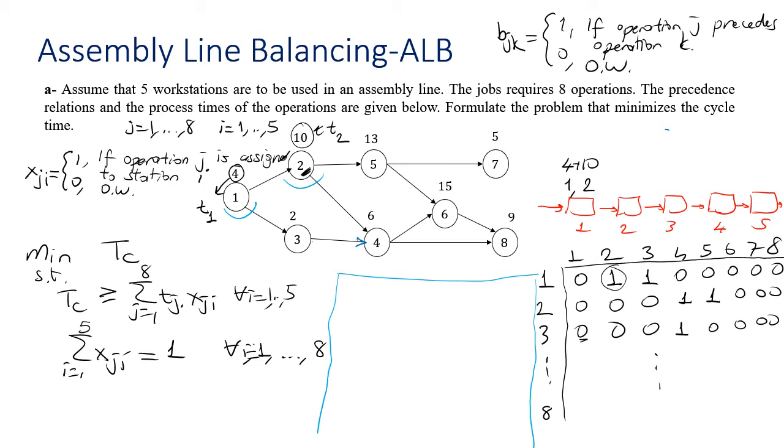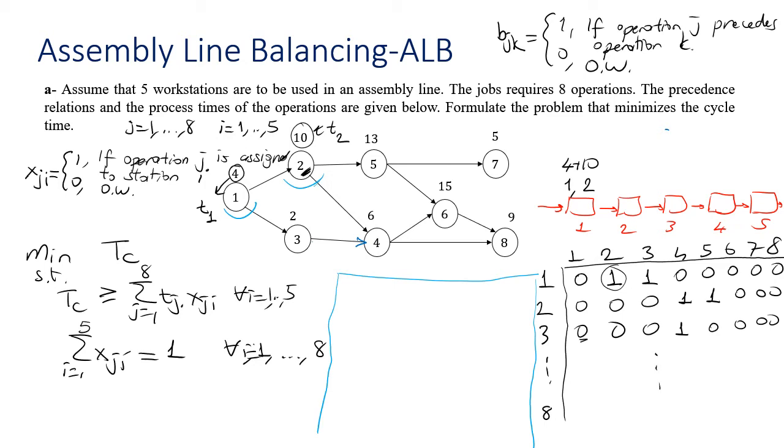Or the station that task 2 is assigned to must be later than or equal to the station that task 1 is assigned to. For this I need to know which station task 1 is assigned to and which station task 2 is assigned to. Of course, before solving it, I don't know. But the decision variable that we defined identifies that information. So let me write it here.